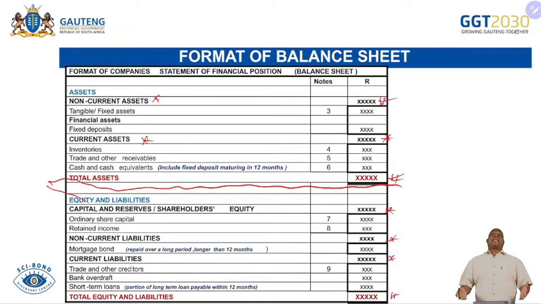It must balance. Which figures are balancing? The total assets on one side, equity and liabilities on the other side. So the minute I get my total assets to be 12 million, it simply says my equity and liability section, if done correctly, should also give me the same 12 million.